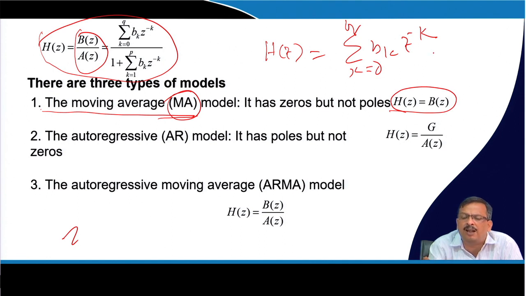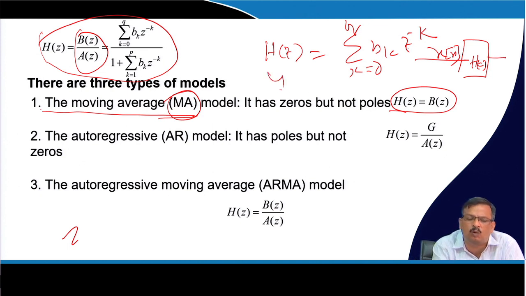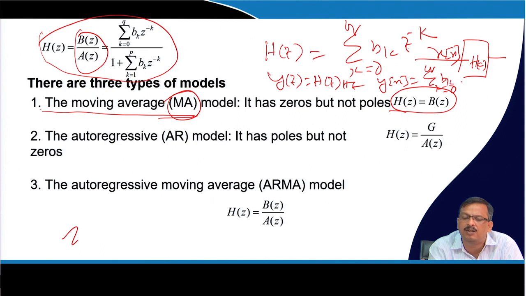If I apply a signal to this filter, the output is Y(z) equal to H(z) multiplied by X(z), or y(n) is the summation of k equal to 0 to q of b_k x(n minus k).